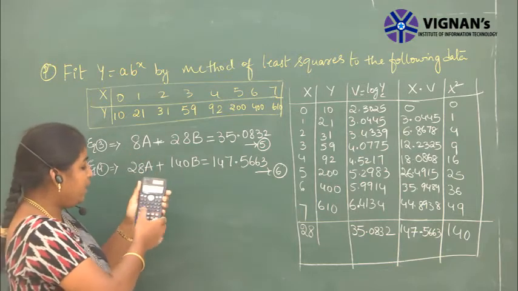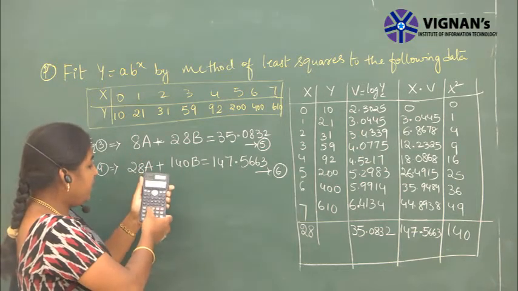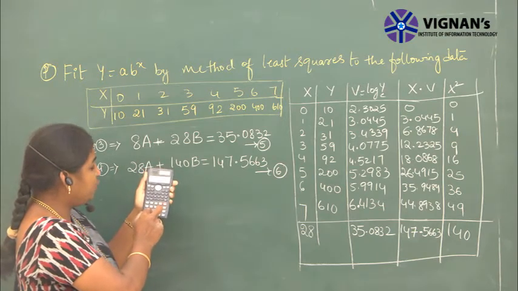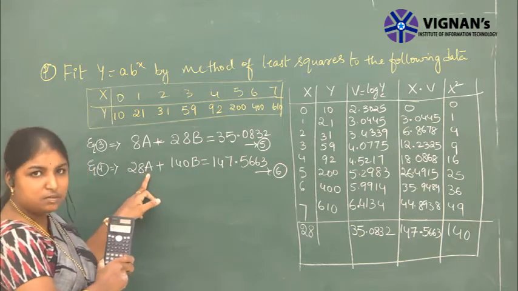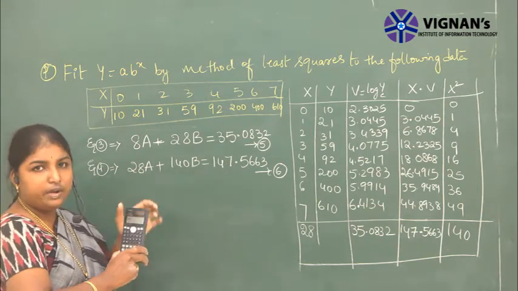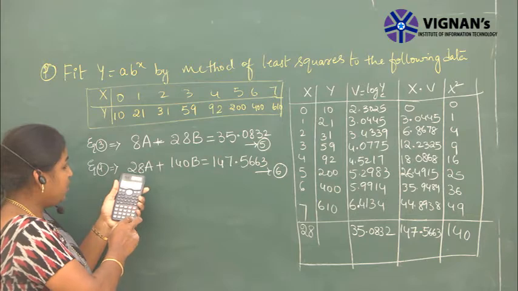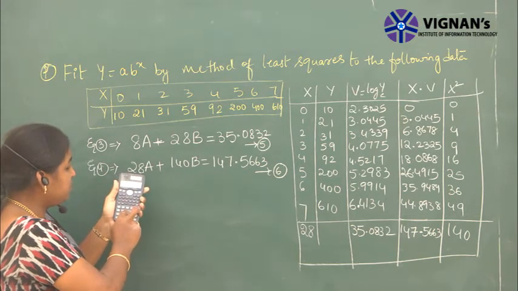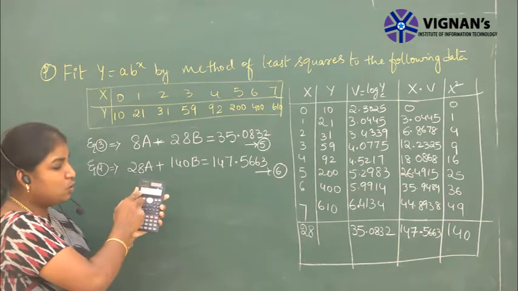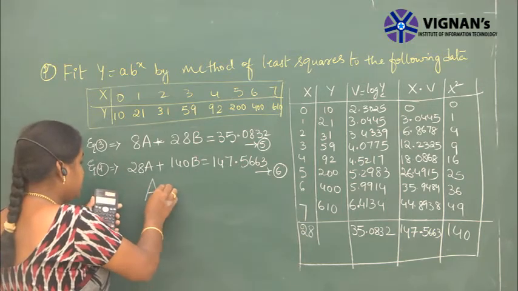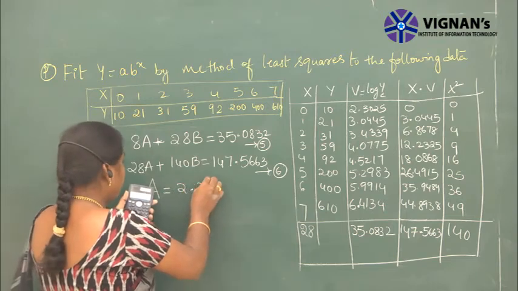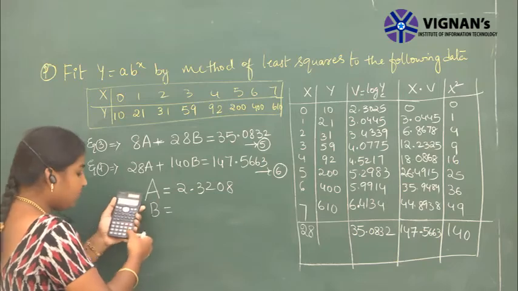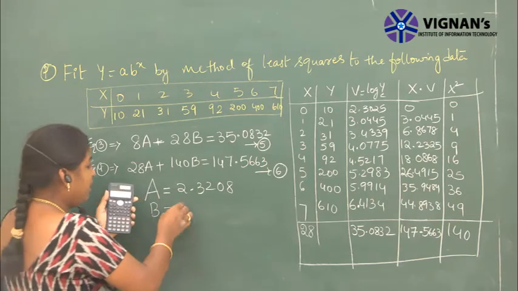First equation: 8, 28, 35.0832. Second equation: 28, 140, 147.5663. Press equal to, we get capital A equal to 2.3208, and pressing equal again, capital B equal to 0.5898.